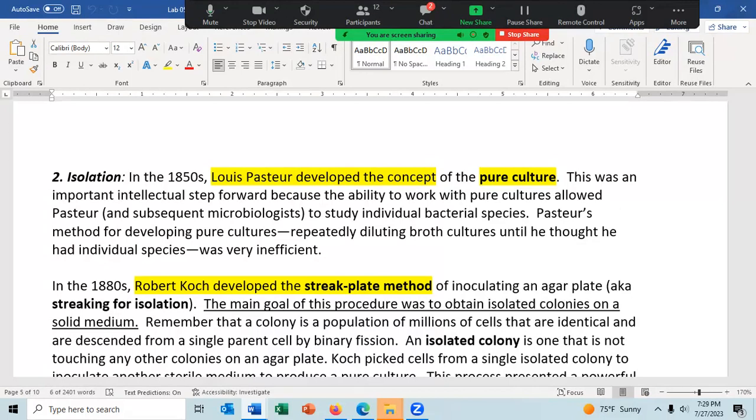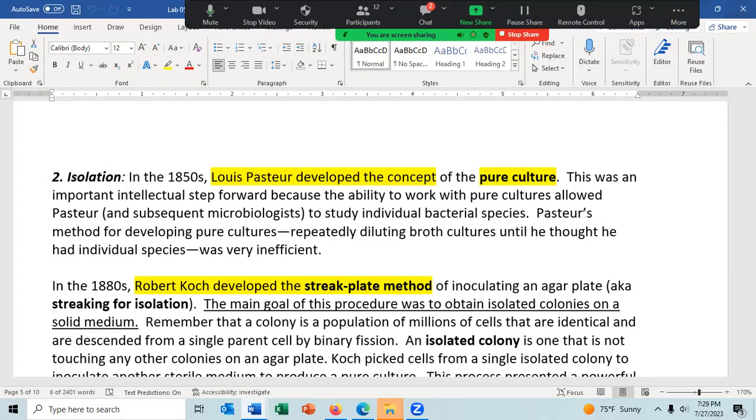Robert Koch developed a much easier way to obtain a pure culture, and that is he streaked on a solid media, like a solid agar plate, he streaked for getting isolated colonies. And if you do that 2 times, you will have an isolated pure culture in over 95% of the cases.